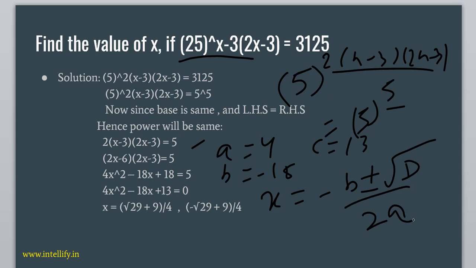We'll get two values of x, and we know D is equal to b square minus 4ac. b is minus 18, a is 4, c is 13, and putting the values here we'll get the two values of x, which are (9 plus under root 29) by 4 and (9 minus under root 29) by 4.